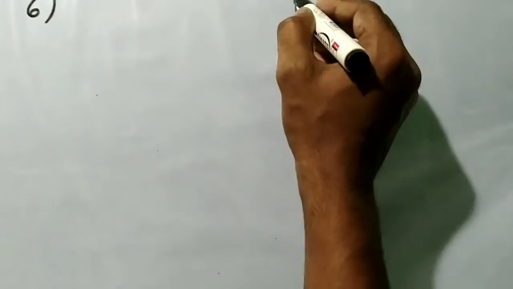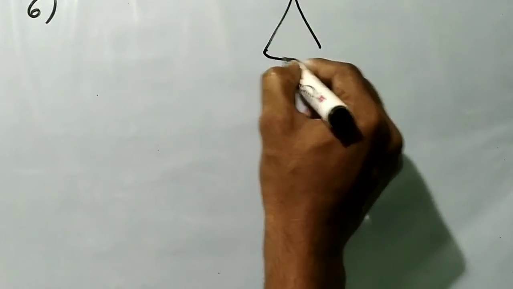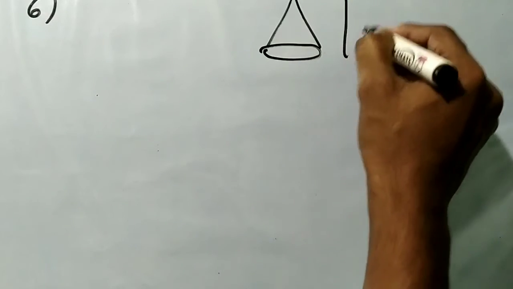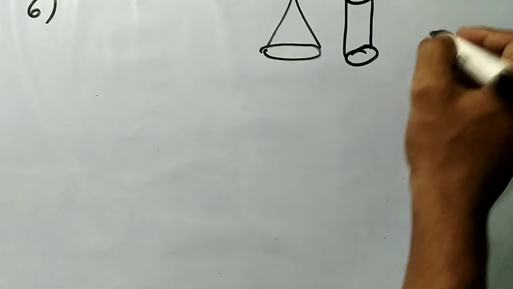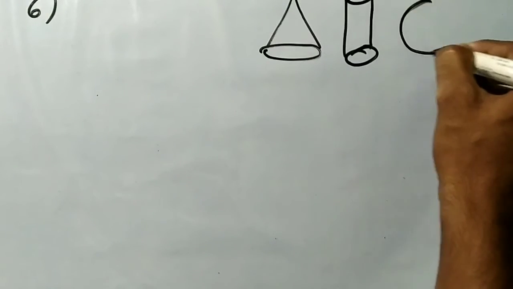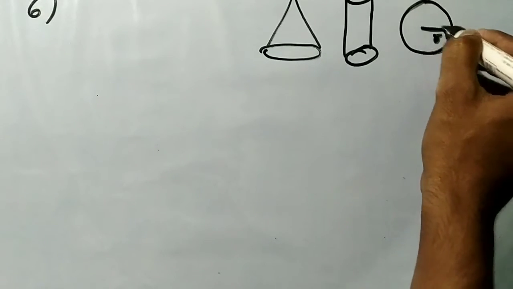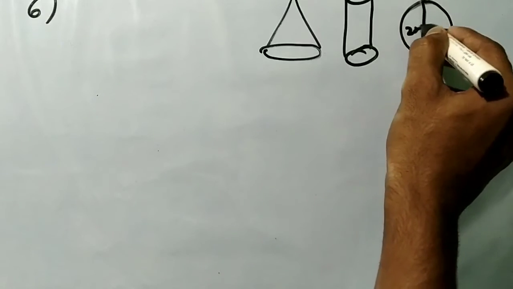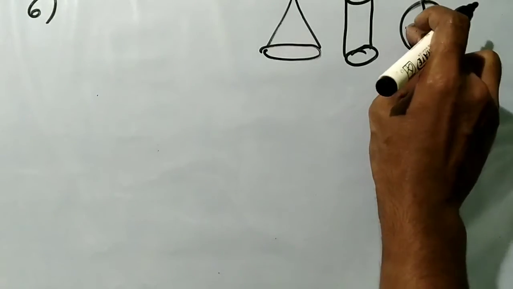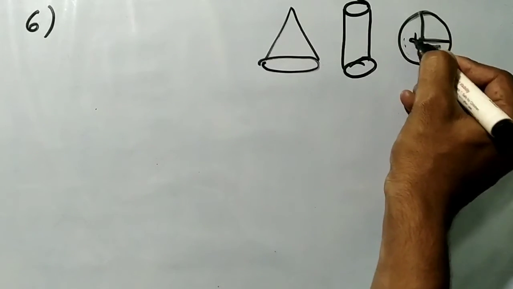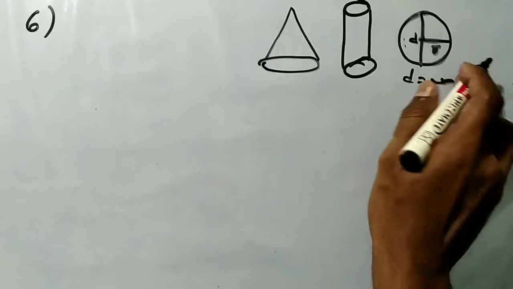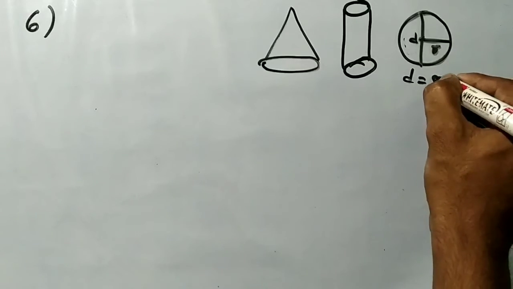So let's do it. This is a cone, this is a cylinder, and this is a sphere. This is R and this is 2R, because the diameter D is equal to 2R, since R plus R is 2R.